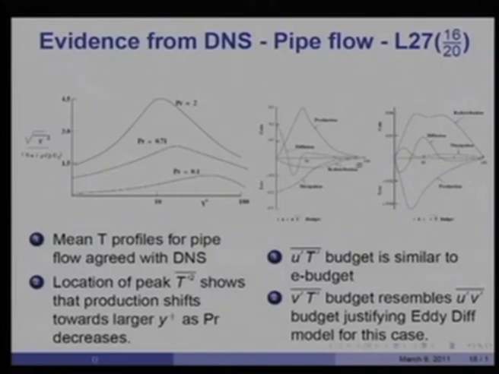These two are the budgets: this is the budget for u prime T prime, which looks very similar to the budget we had seen for turbulent kinetic energy, and the v dash T prime budget resembles the u dash v dash budget or the shear stress budget we had seen earlier, and which justifies the eddy diffusivity models.